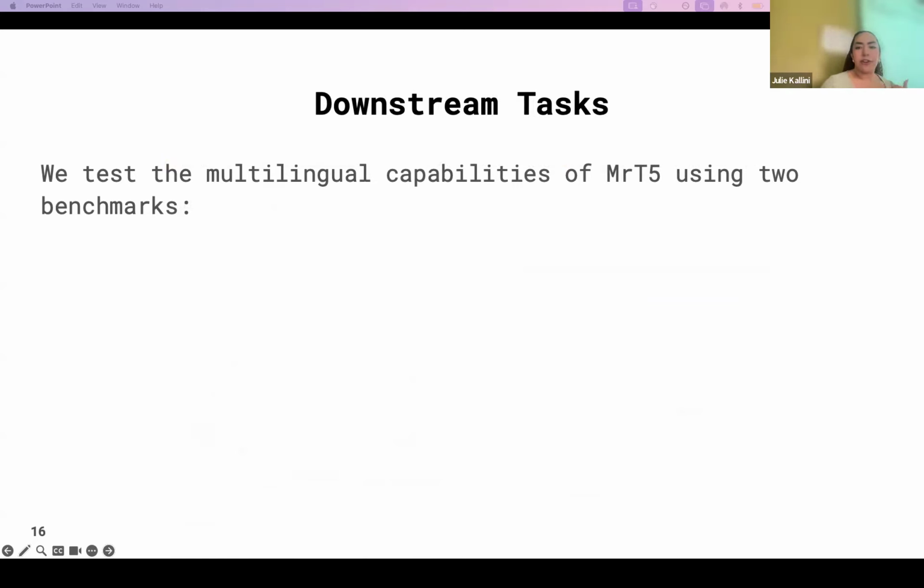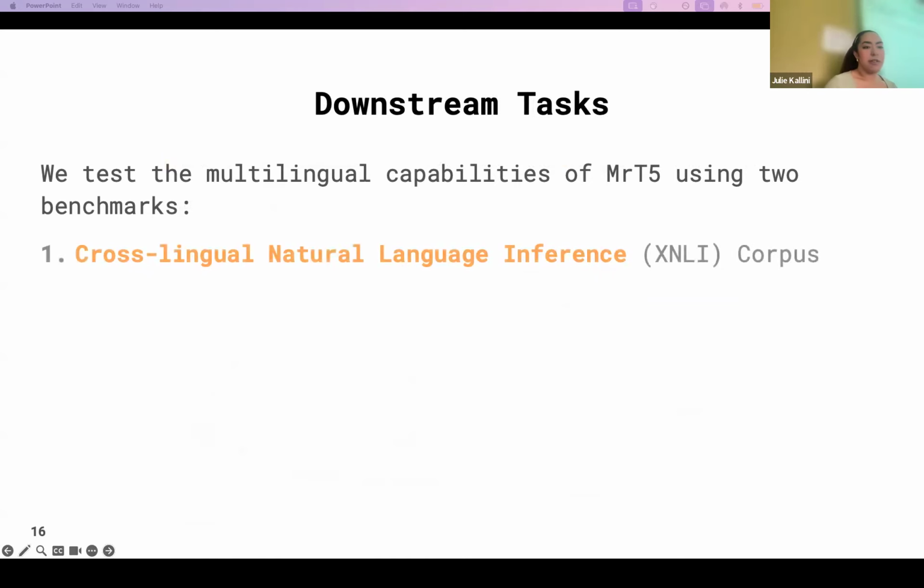So we first started with 2 benchmarks to assess its multilingual capabilities. The first was the XNLI corpus, so this is natural language inference. And here, the setup is we train just on English and assess how the model does zero shot on the other languages.